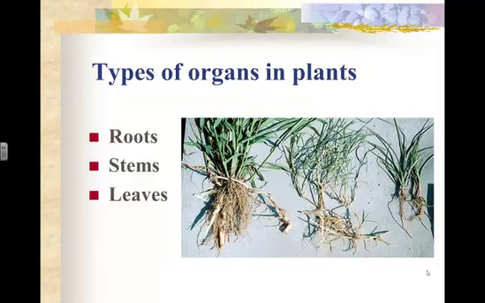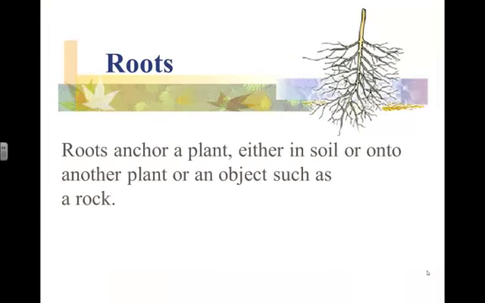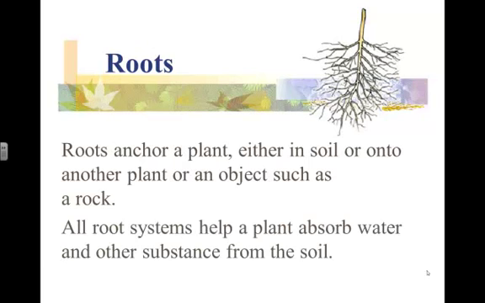Okay, so the types of organs in plant, know that they're the roots, the stems, and the leaves. Roots have a job of anchoring, of course, and it's either in soil or it could be onto another plant or it could be on an object such as a rock. So not all plants are anchored just in soil, although most of them are.